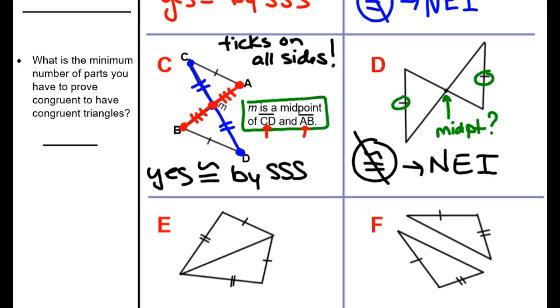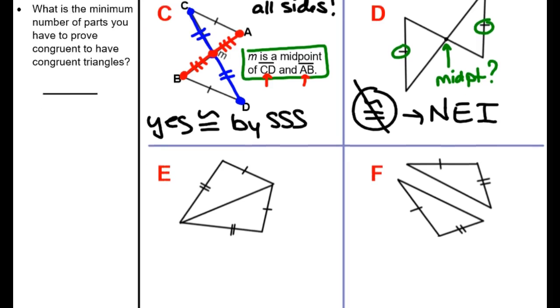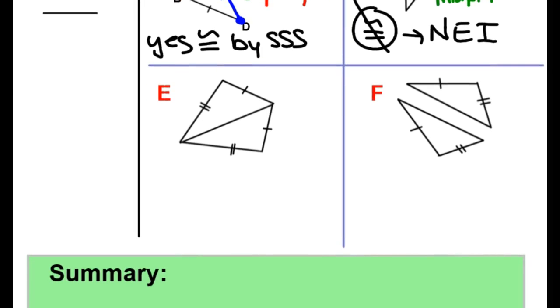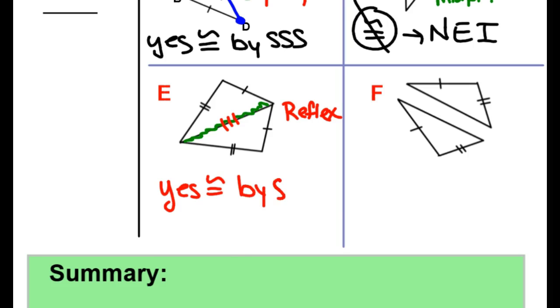We don't know that they are congruent. Then we look at question E, and again, we have this shared side down the middle, and it turns out that that shared side is reflexive. And then we just ask ourselves, do we have tick marks on everything? Yes, we do. They are congruent by side, side, side.